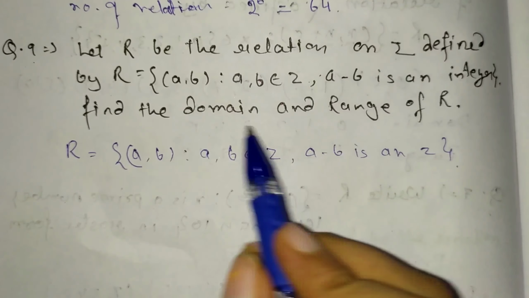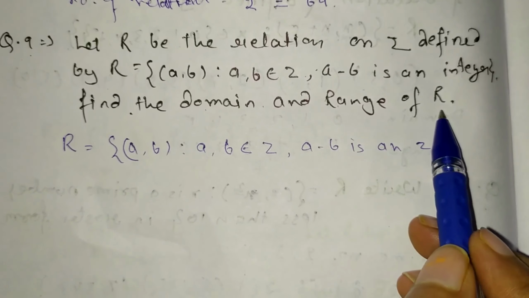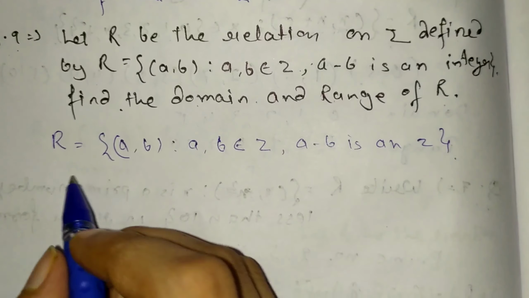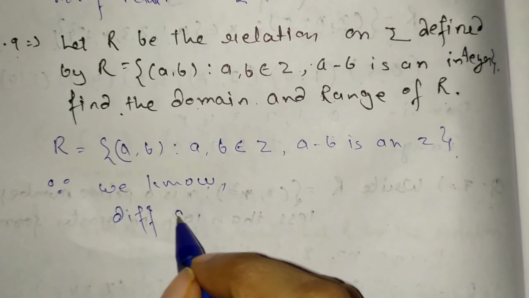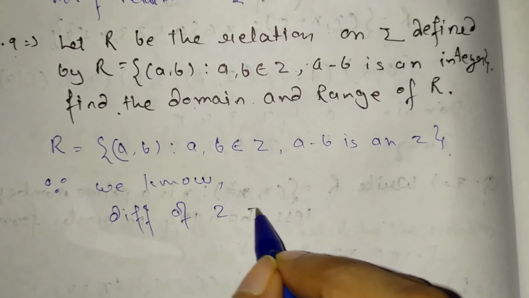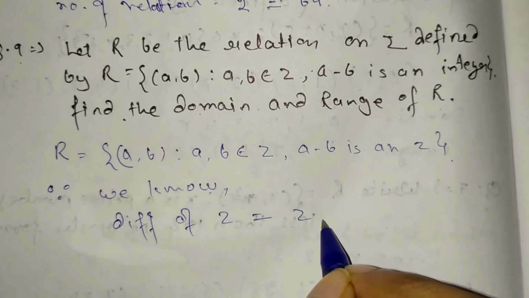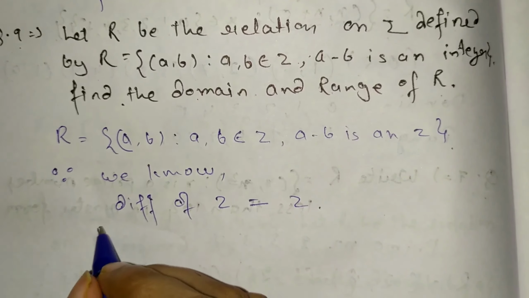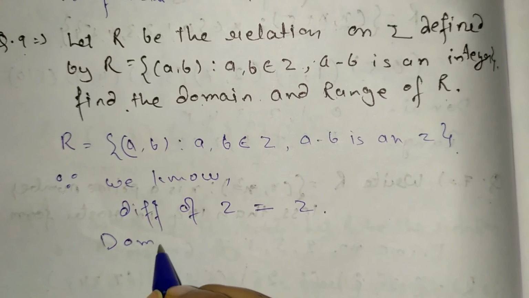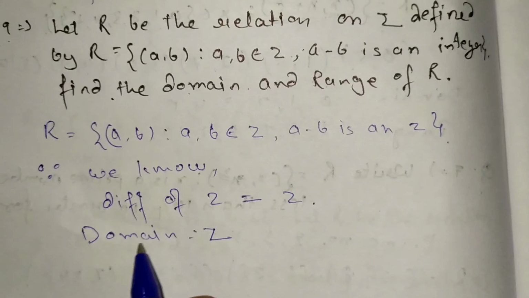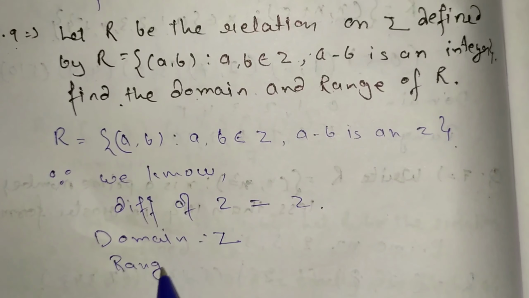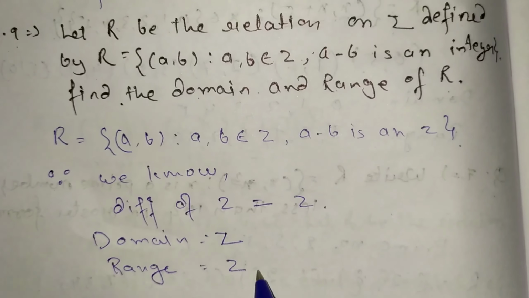So find the domain and range of relation R. Since we know the difference of any integers will always be an integer, therefore in this case the domain of this relation will also be the integers and the range of this relation will also be the integers.